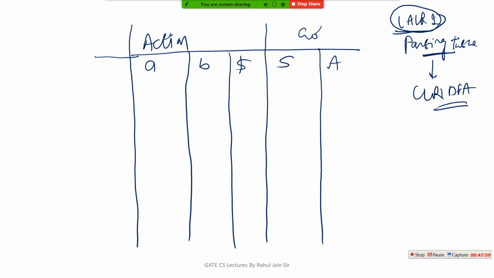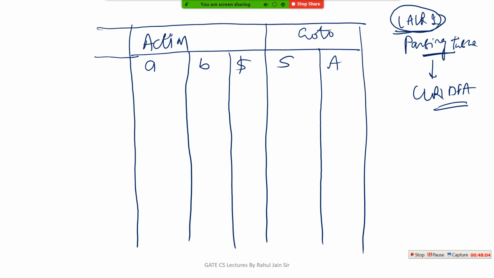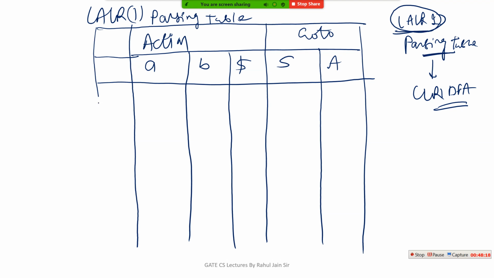It is my goto table entry. And what I am doing is making the LALR1 parsing table for you. Now, the number of states may get changed. That is why I didn't mention any state. Now, how will it get changed?